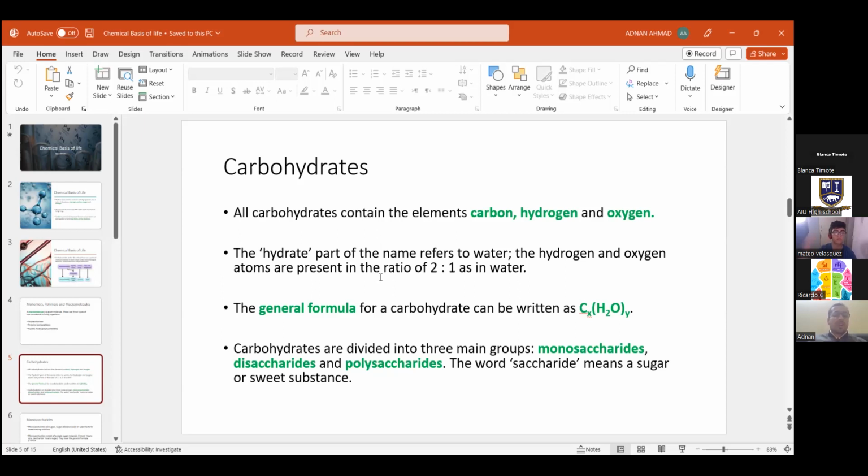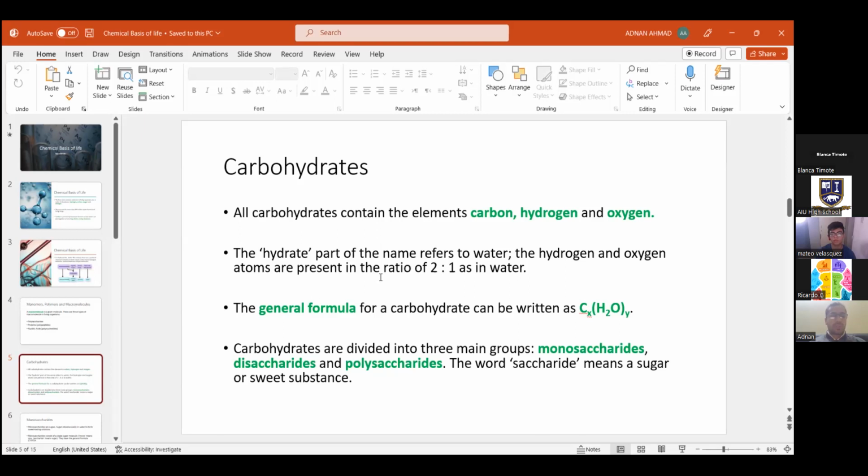When you digest carbohydrates, like glucose or other starchy foods, they give you energy. They break down in the cells of your body, and with the help of respiration, they release energy. That's why when you eat healthy, you feel healthy and energetic, and you can carry on with your daily activities.